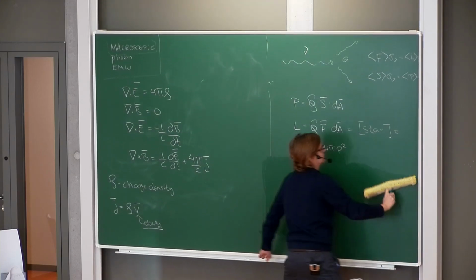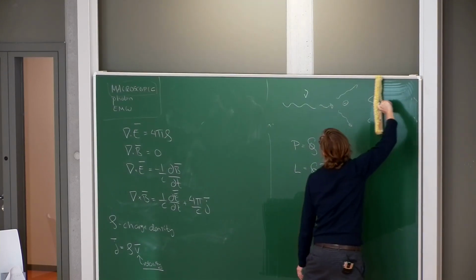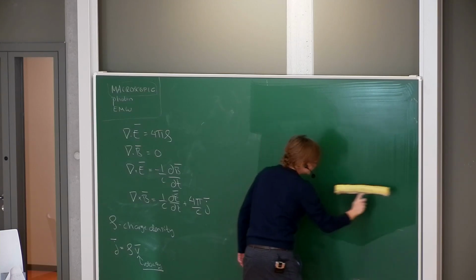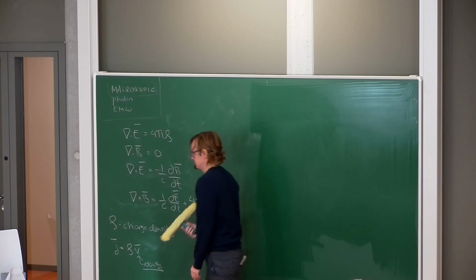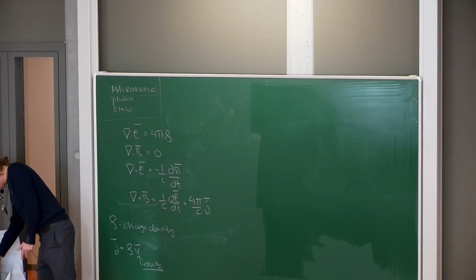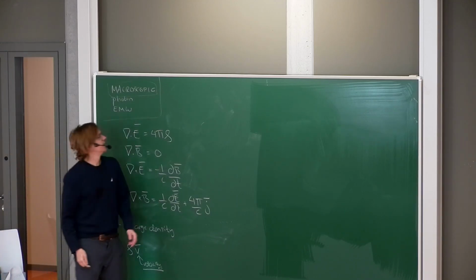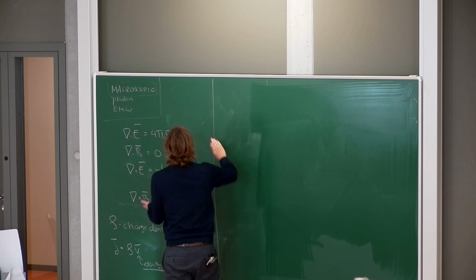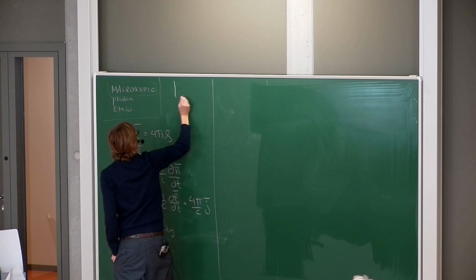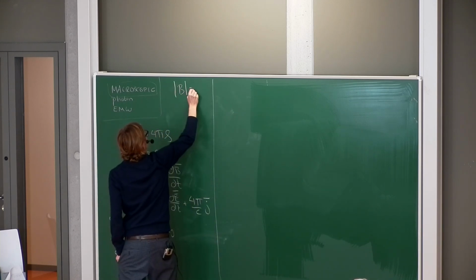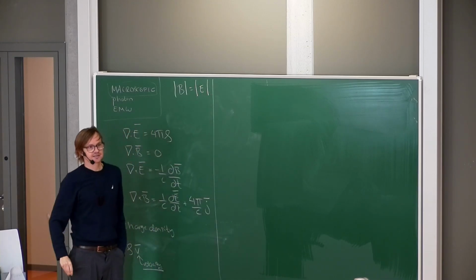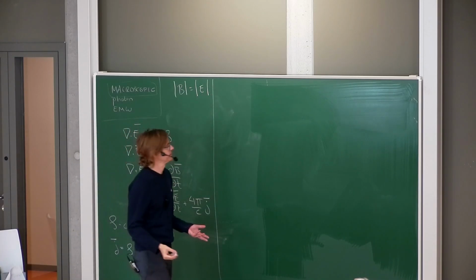Furthermore, I will continue here to use CGS units, sometimes called Gaussian units. It has some convenient properties, specifically that the absolute values of the electric and the magnetic fields in these units are the same.